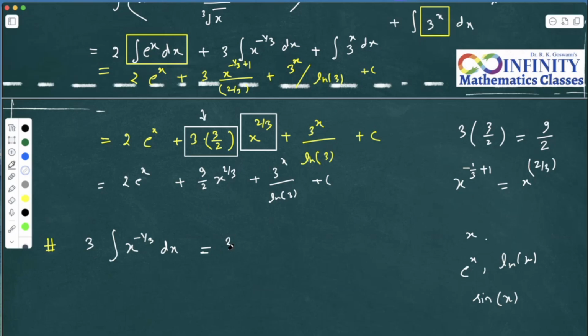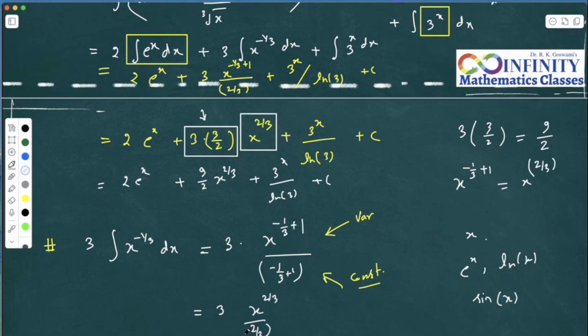Now how to integrate? The integration formula we learned, it is going to be x exponent negative 1/3 plus 1 divided by negative 1/3 plus 1. So if you tell me the numerator part, it is a variable term because it contains x, but the denominator part, it is a constant for you. Am I right? Yeah. So keeping 3 as it is, simplify the terms. X power 2/3 will be in the numerator. Yes or no? Yeah. And the same 2/3 will be in the denominator.